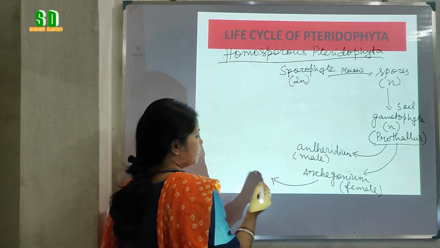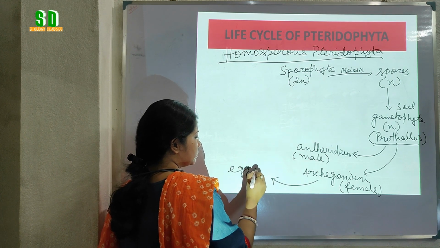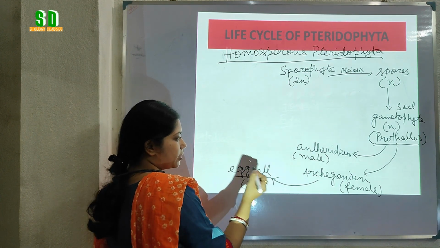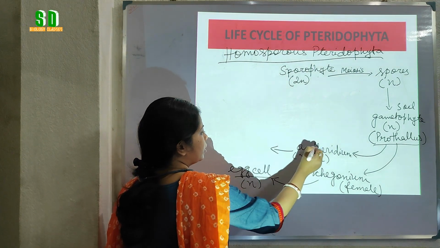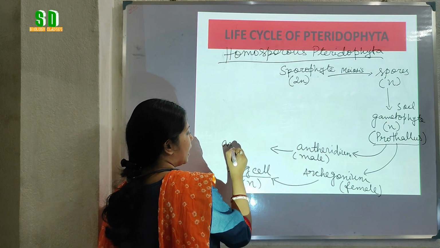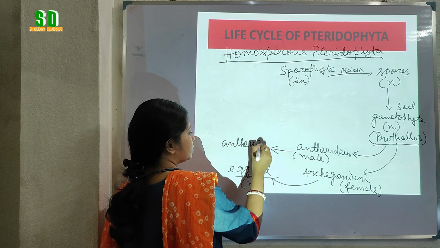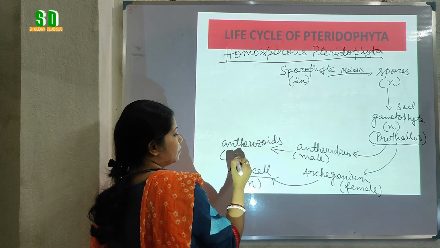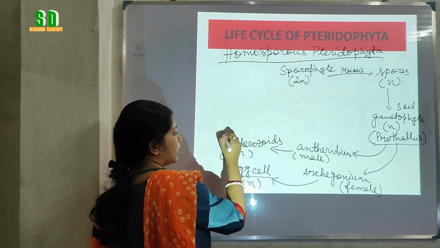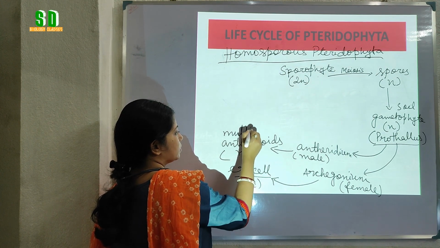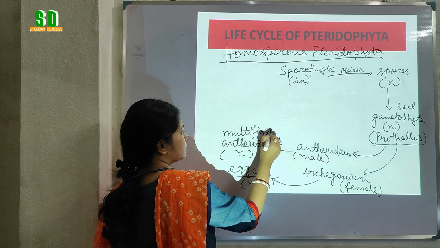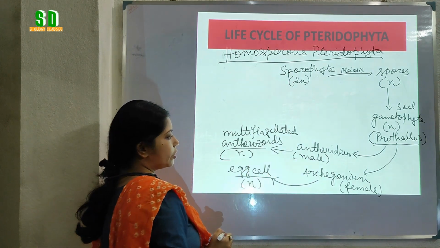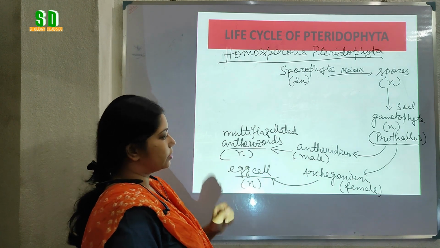Now the archegonium produces the egg cell, that is the female reproductive cell, and the antheridium produces the antherozoids. Remember that here the antherozoids are multiflagellated. Multiflagellated antherozoids are produced from within the antheridium.